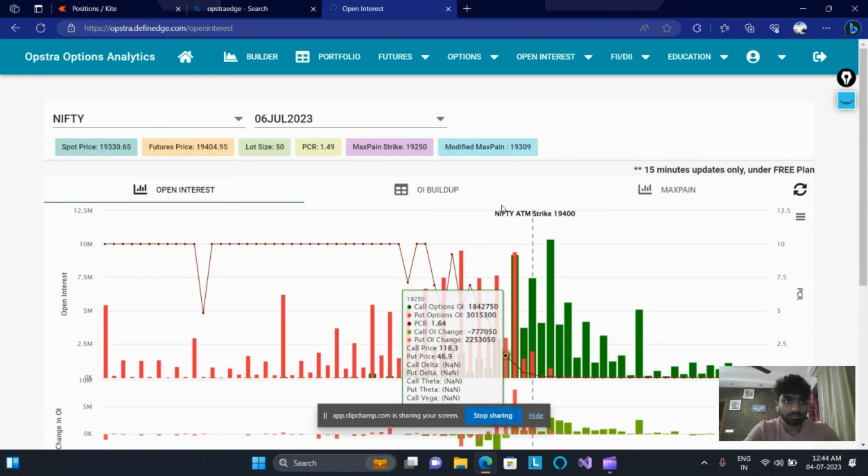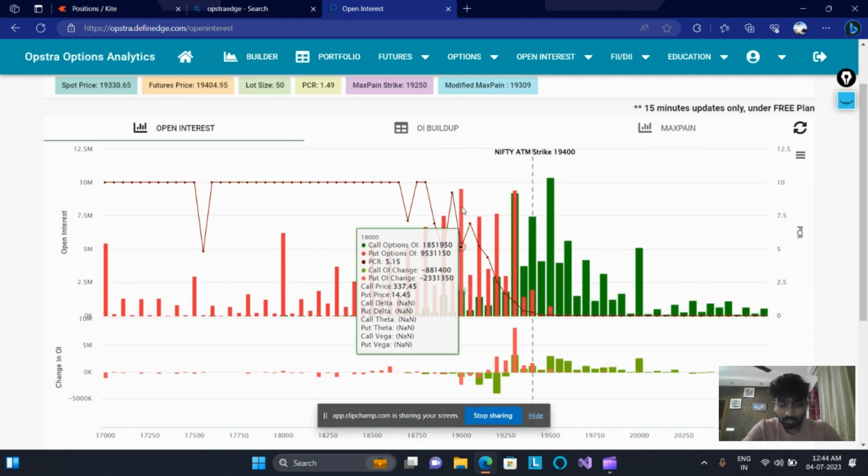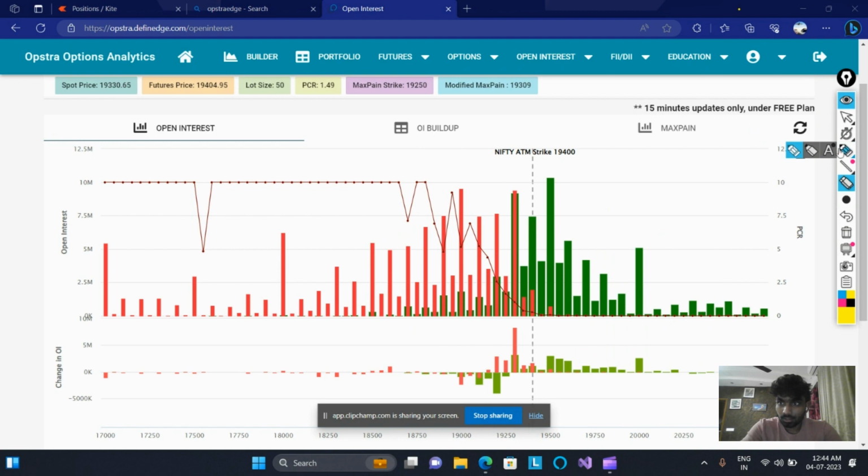So I basically use the free version of Opstra Analytics, and here we can see that there's a high put writing at 19,000, and also we can see that there is an increase in put writing at 19,250, and there's also an increase in OI.